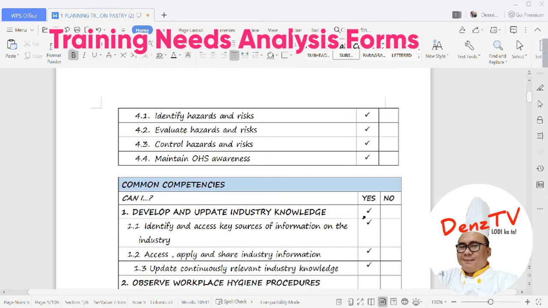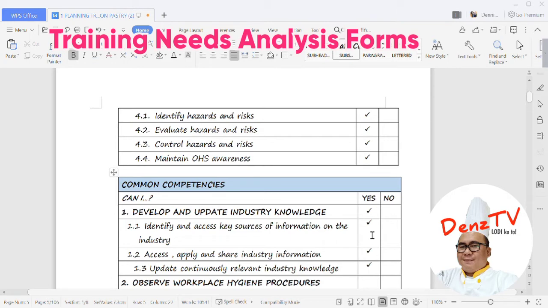One learner will answer yes to almost all of the competencies except one core competency, but the other learner will answer no to all the competencies.